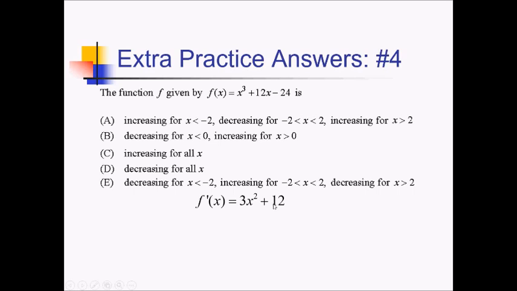Well, we could set this equal to 0 and solve for critical values, but just taking a quick look, we're squaring the input here, multiplying it by a positive number, then we're adding another positive number. So there's no way this thing could ever come out negative. It's always going to have to be a positive number. This is always going to be greater than 0, which means the original function f must be increasing, well, everywhere. So always increasing. So that would be then choice C.